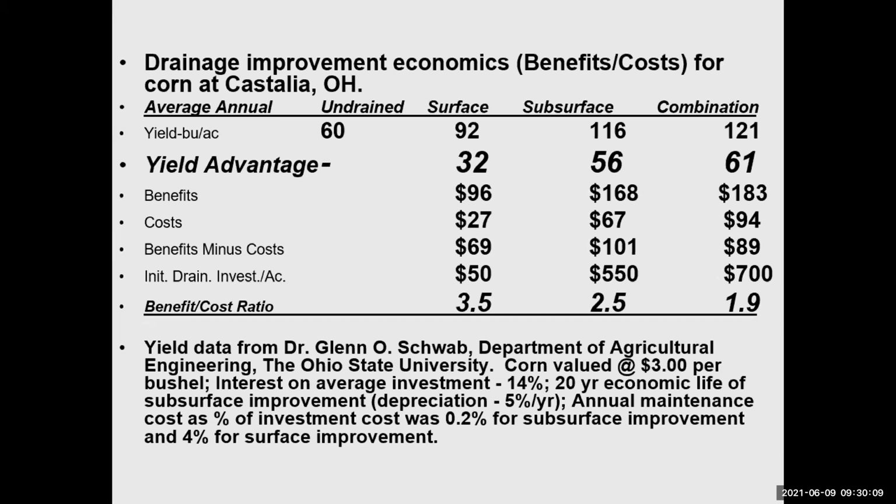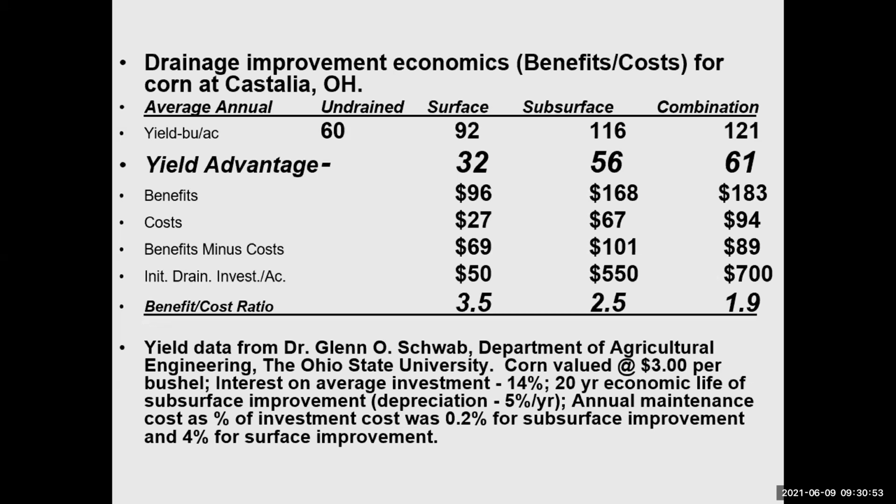Based on the information at the bottom of the table, he had conducted a very simple cost-benefit analysis, or benefit-to-cost analysis rather. You can vary the interest rate, depreciation rates, look at economic life and things like that, but based on what Glenn had published in his textbook and other places, based on his study on Toledo silty clay, we can get $3.50 for every dollar we put into surface drainage on those types of conditions.